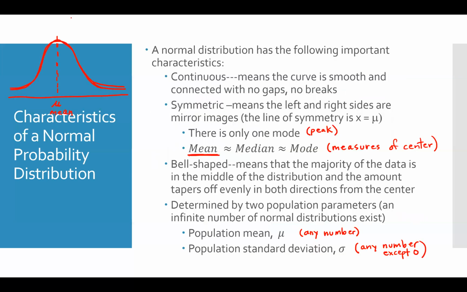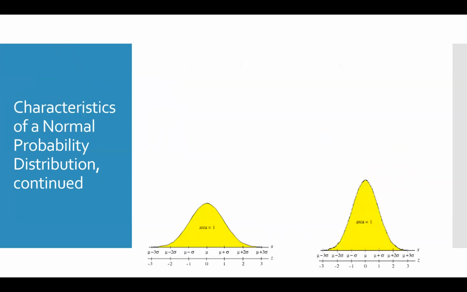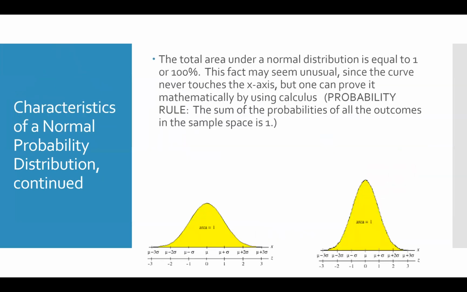Okay, so far, we've said the normal distribution is continuous, it's symmetric, it's bell-shaped, but the shape of that bell is determined by the population mean and the population standard deviation. The next characteristic, and this is one that you may have to trust Miss Ralston on, is that the total area under a normal distribution is equal to 1 or 100%.